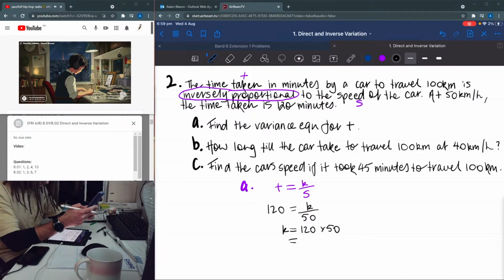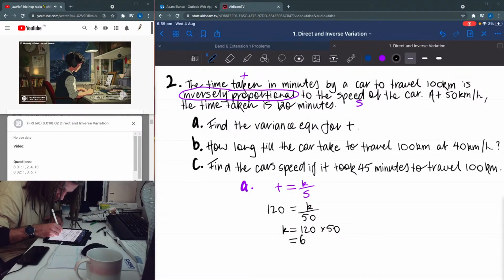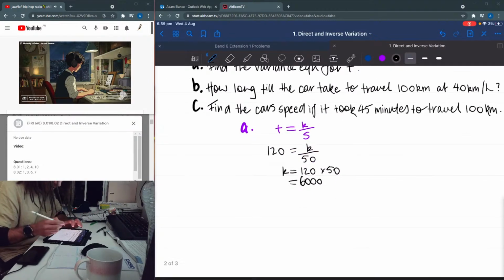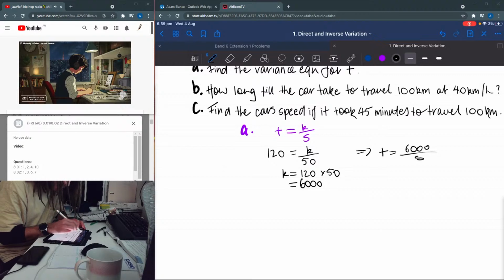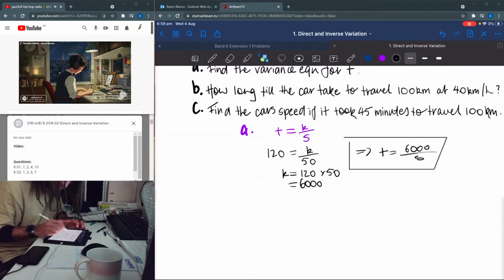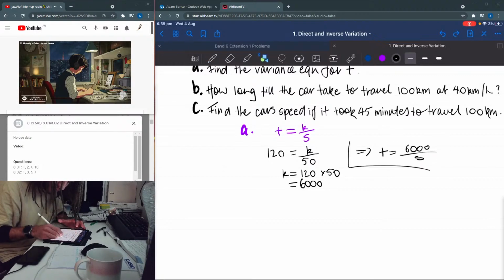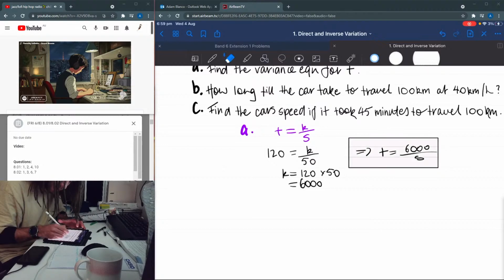Is it 6,000? Okay, and then I rewrite my equation. So therefore, t equals 6,000 on s. That is my equation that I now use. I like to put a box around it, preferably one that actually joins. There we go. Okay, so that's my equation. I'm going to write that. Equation.